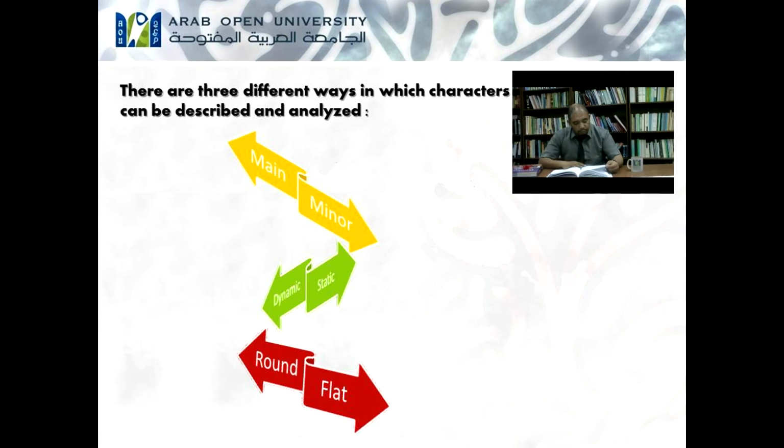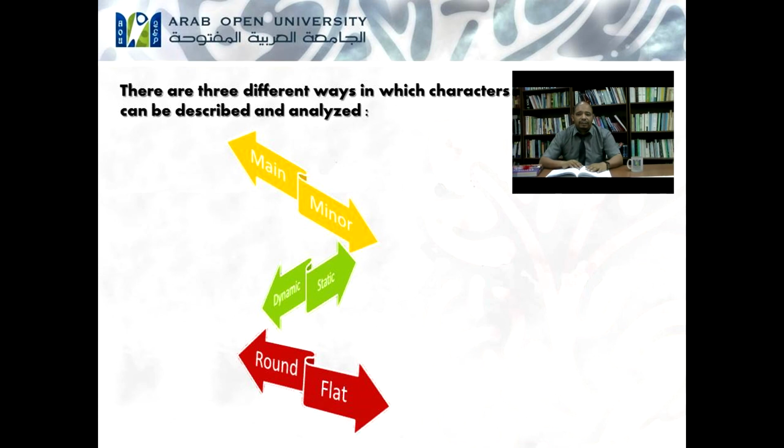Let's now move to characters in terms of kinds or types. Now that we have established the fact that characters are very important in a short story, you have variations among characters, you have differences.